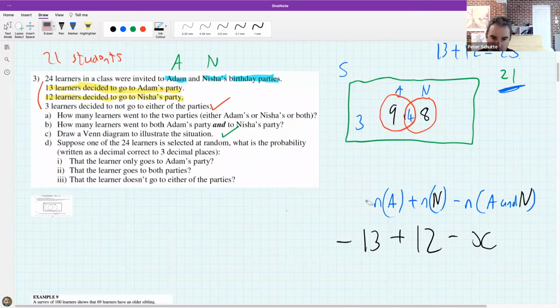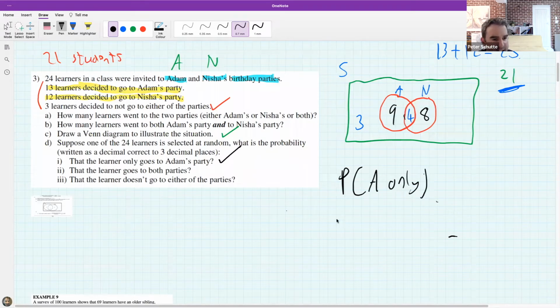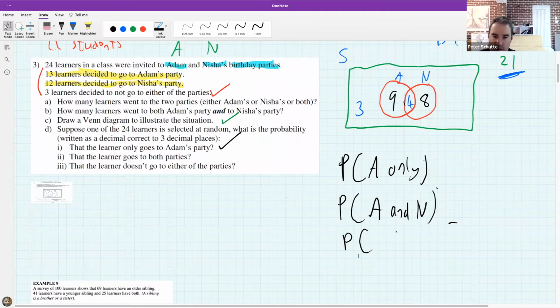Okay, fantastic. Now that we've done that Venn diagram, I want you to find me the probability that a learner only goes to Adam's party. So what I would call the probability of A only. And the probability he goes to A and N. And then what's the probability he doesn't go to either of the parties, which, in notation, what would that be?